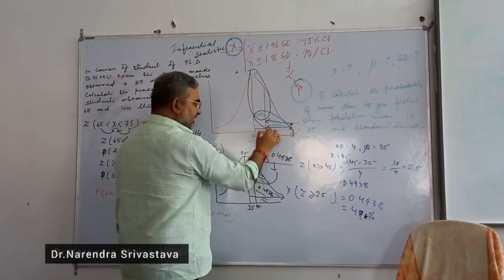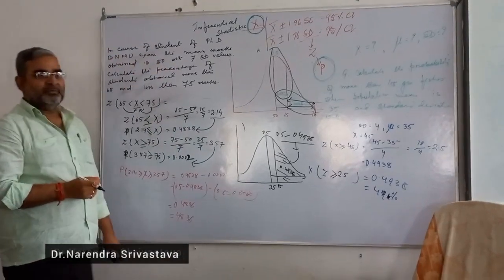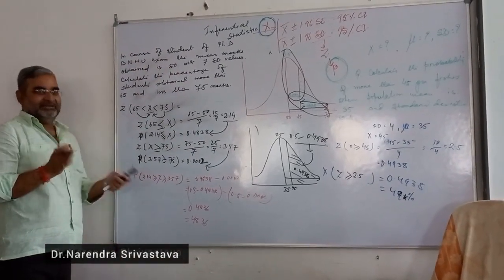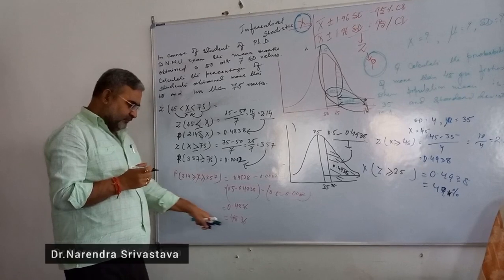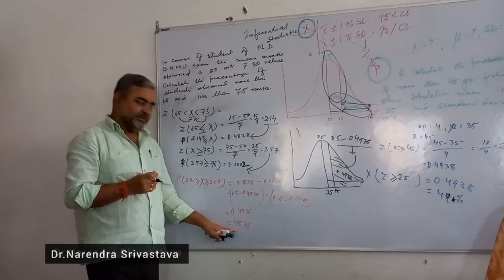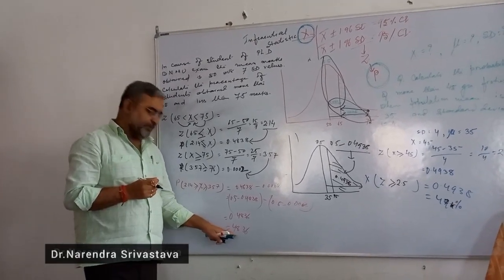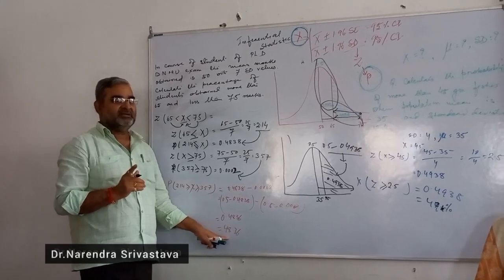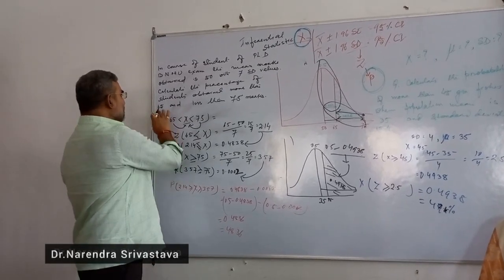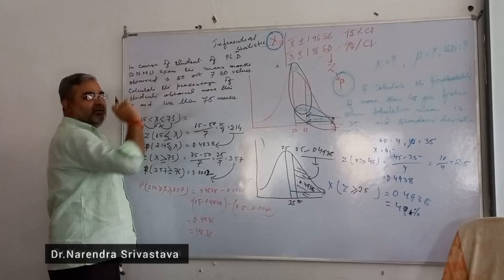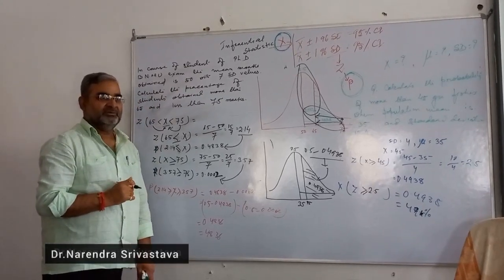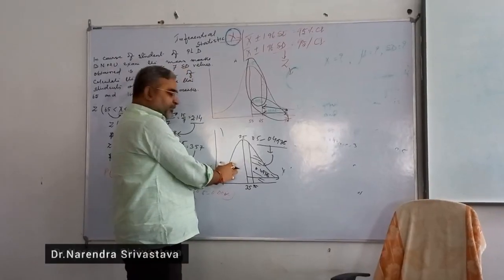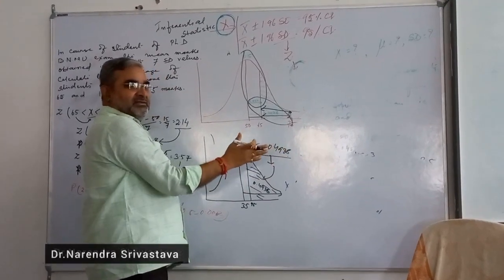That is the probability of the range and it is calculated at 48.36%. That means 48.36% of students have marks more than 65 and less than 75. Okay? This one represented the one tail value.